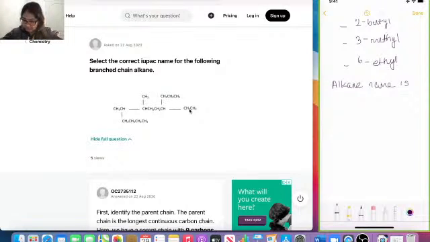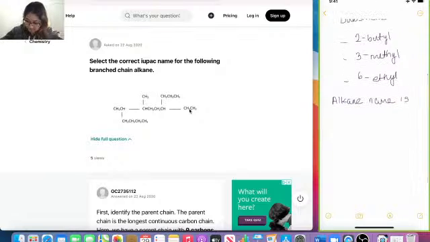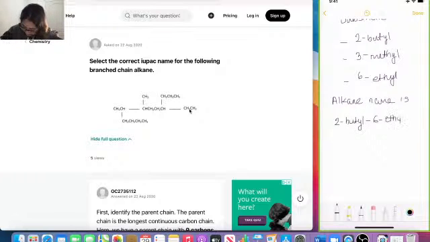so if we write this going alphabetically, B comes before M and E, so we have here, first of all, 2-butyl, then comes E, right? Because E is before M, and so we have 6-ethyl, and then lastly we have 3-methyl.